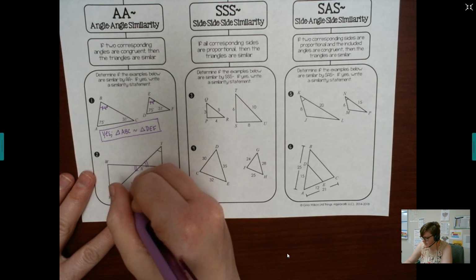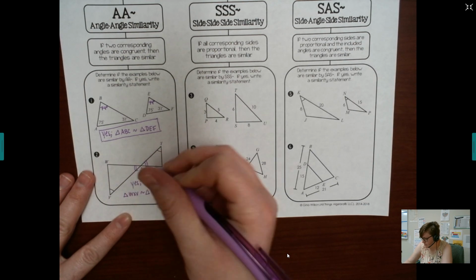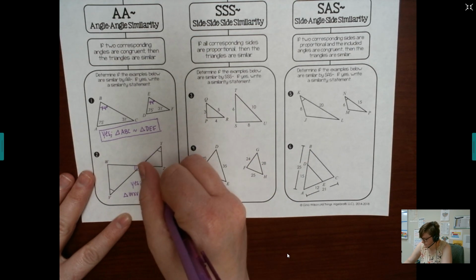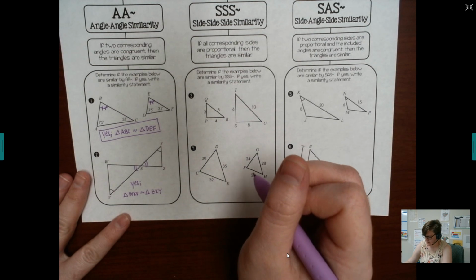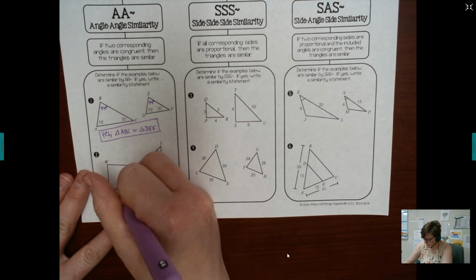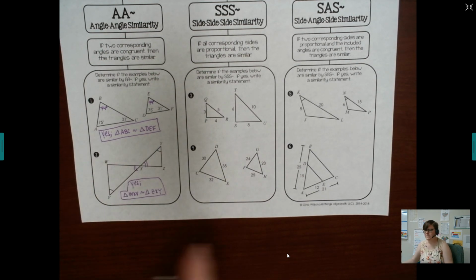Triangle WXV is similar to triangle ZXY. All right. Easy peasy on those ones.